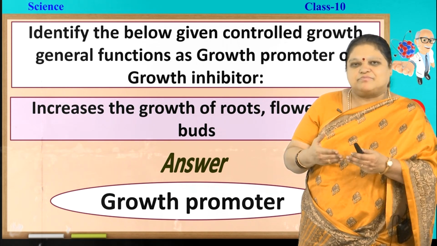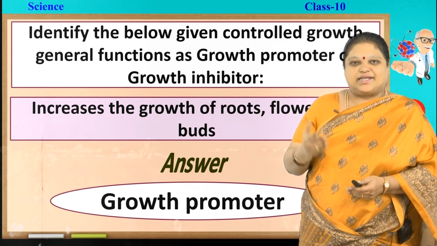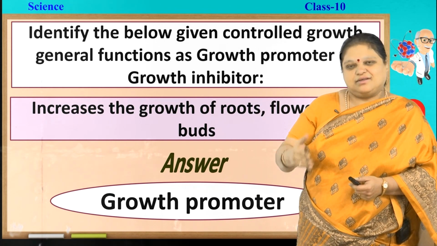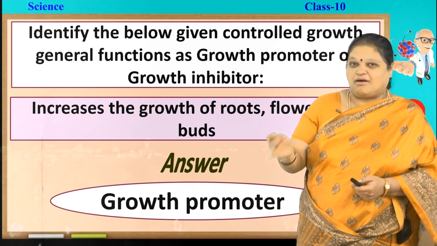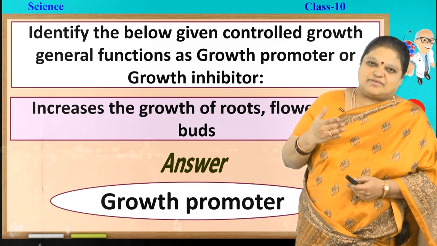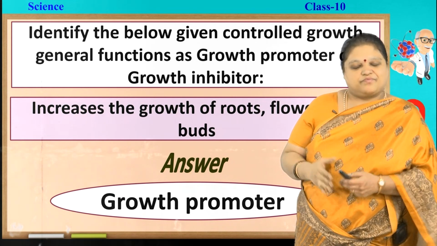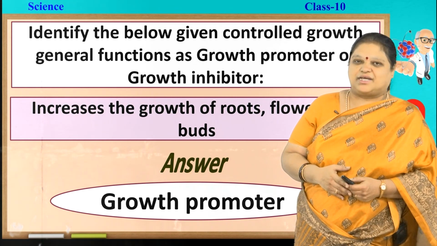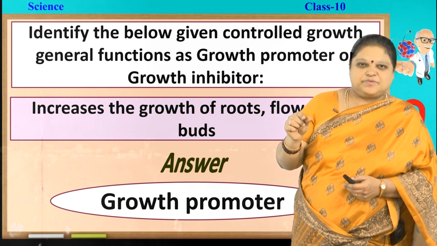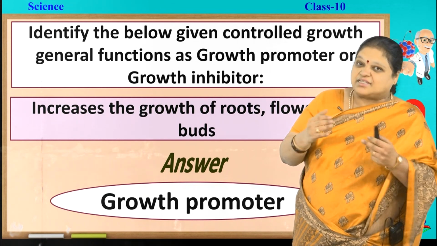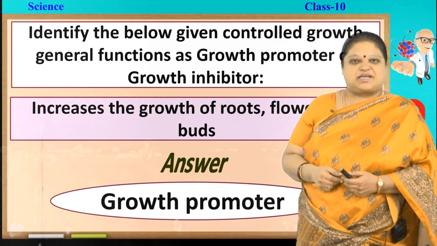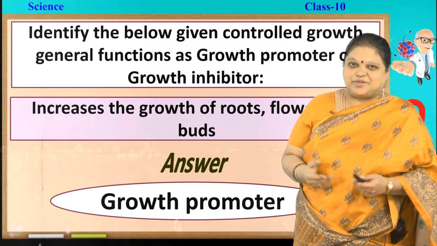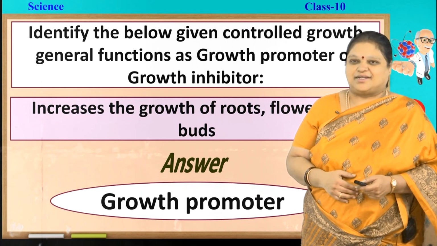Whatever is meant for increasing, you can guess that they are promoters. They may be auxins, gibberellins or the cytokinins, whichever helps in increasing the growth. All these three hormones will come there. You can guess, if it is the tips, it is auxins. If it is cell division, it is cytokinins. If it is elongation of the stem, you call it gibberellins. So, you can guess like that.